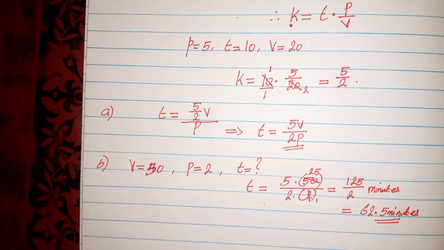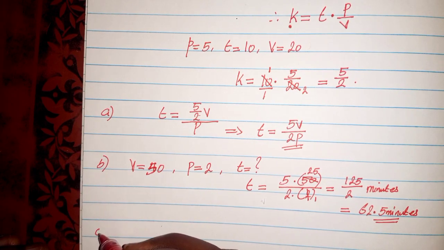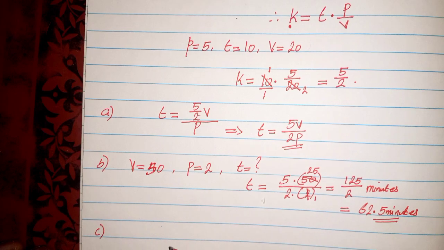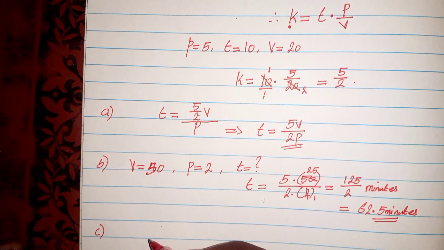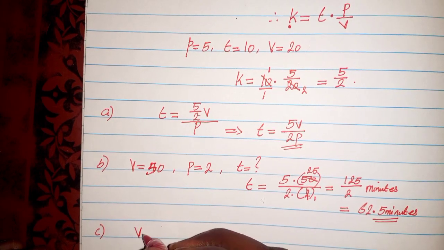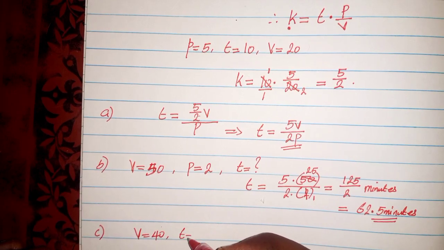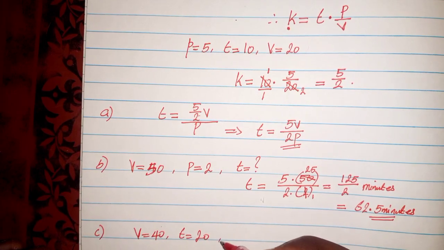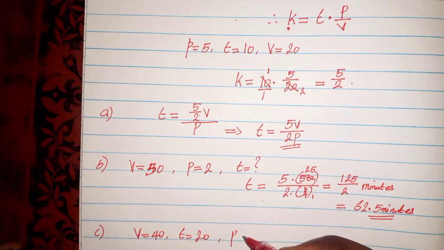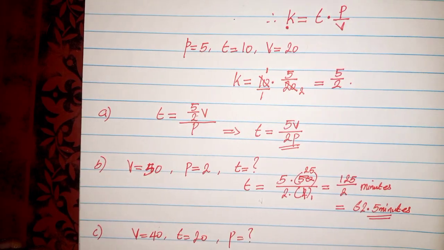So we are given that our V is equal to 40, and our T is equal to 20. We are asked to find our P, which is unknown here. So we are looking for P here.